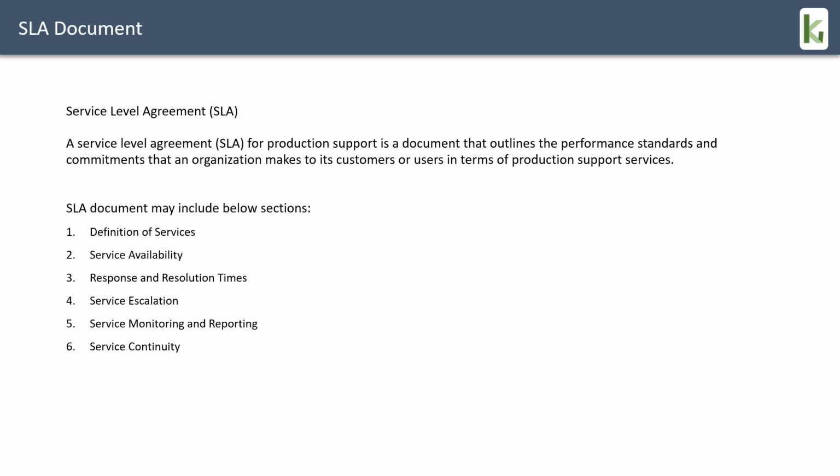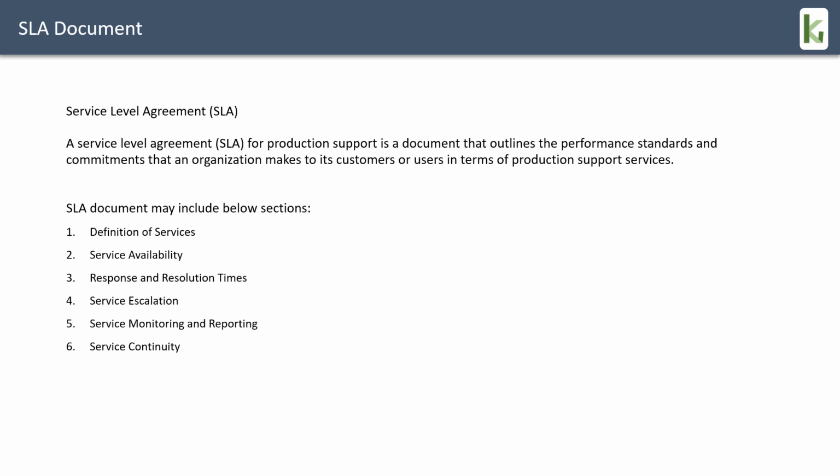Now service continuity will define that in case, let's say, because of bad weather and something like that, your office is out of power, and the secondary power is also not working. So in that case, how will we continue with the servicing? Maybe an alternate location will continue the services, or people will work from their own laptops, or so how will that service continuity happen? That is what should be defined here.